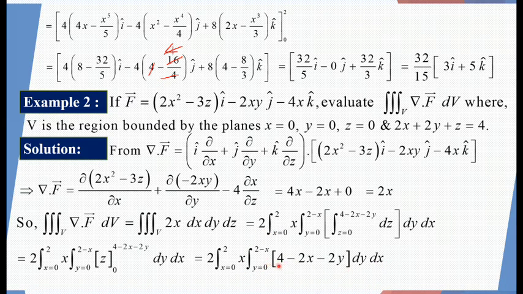So here 4 is a constant, 2x is also a constant, and only y is the variable. So how to integrate? It equals twice the integral x equals 0 to 2 of x, and the integral of the entire function will be 4y because 4 was the constant, minus 2xy because 2x was the constant, and the integral of y is y square by 2, and the 2 was there, so 2 is cancelled out by the denominator 2, so it is only y square.